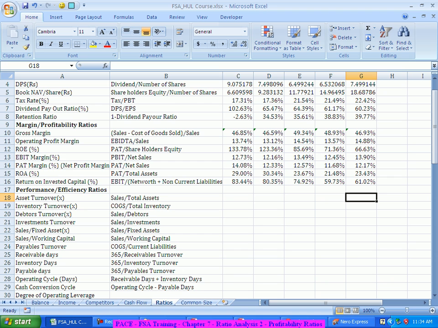So profitability ratios on one side will talk about how the company is from the profit standpoint. Is it able to generate good profit? Is it meeting the investor's expectation? Is it exceeding the investor's expectation? If it is meeting, then it's a good point to buy that share.